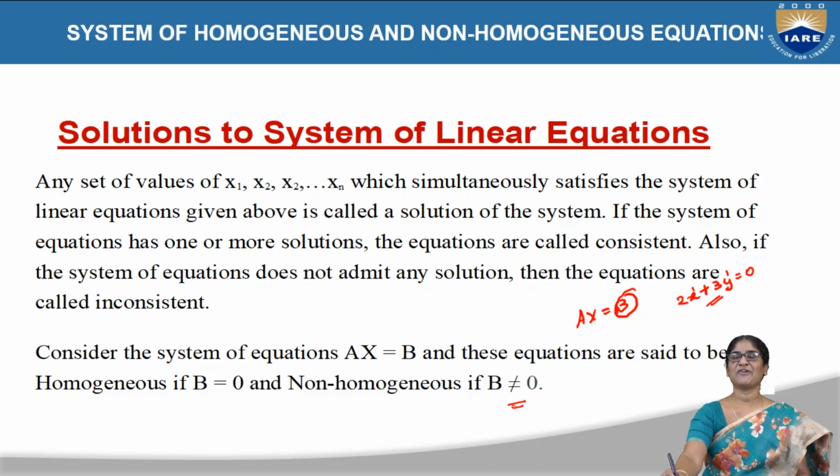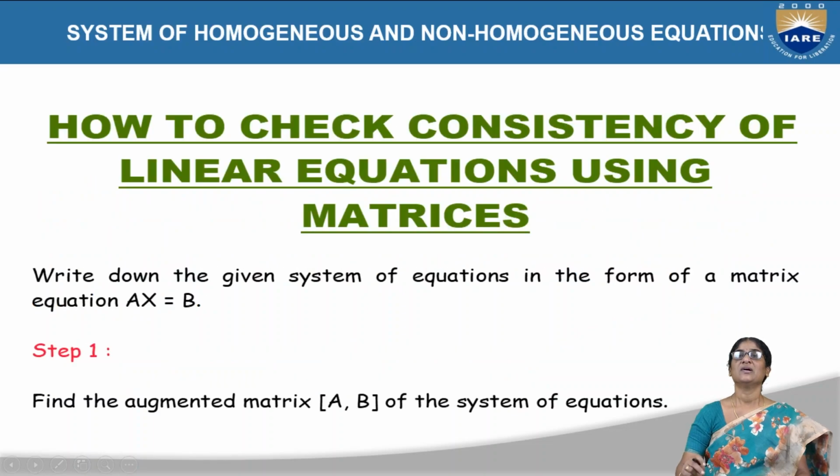The method of finding the solution for homogeneous and non-homogeneous differ by a little bit. In a few steps, the solutions of the linear system for homogeneous and non-homogeneous differ. So let us see what are the steps involved in finding the solutions of linear systems by matrices.